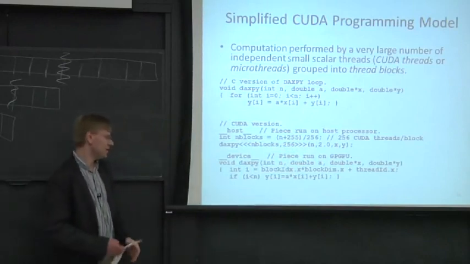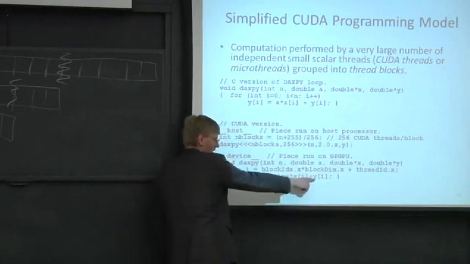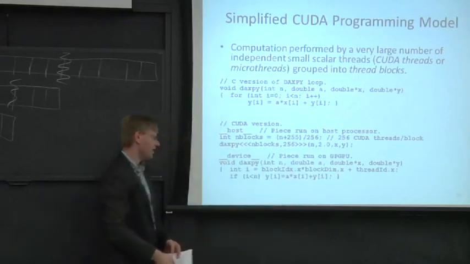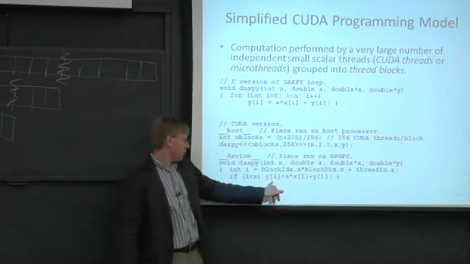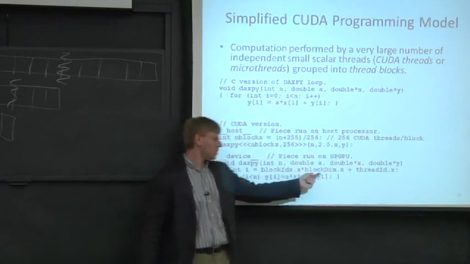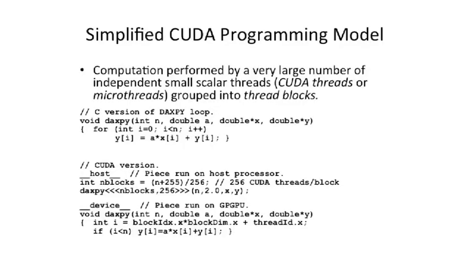So what's going to happen here is we're basically going to do the same operation, y of i plus a times x of i, and store it into here. But let's look at where i comes from. i comes from some special keywords here, where it computes which thread number you are, or which index number you effectively are in this thread block.